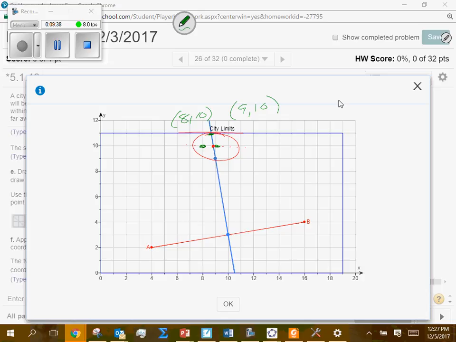We do actually have the algebra, and just because of time's sake right now, I'm not going to go through it, but we actually have the algebra to find that right there. And it's not too hard. We can find the equation of the blue line, which we worked on Friday, and then just set that equal to the equation of that horizontal line, y = 11, and you can find the intersection pretty easily, okay? That's what they're getting at.